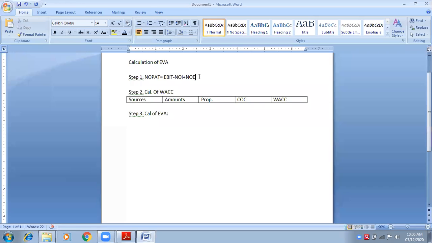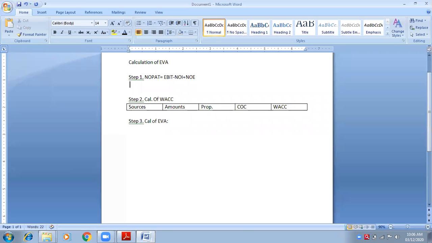Let us calculate this. What is EBIT in the question? Did you note? EBIT in the question is 190. Here you have to write figures in lakhs. Rupees in lakhs, in brackets.